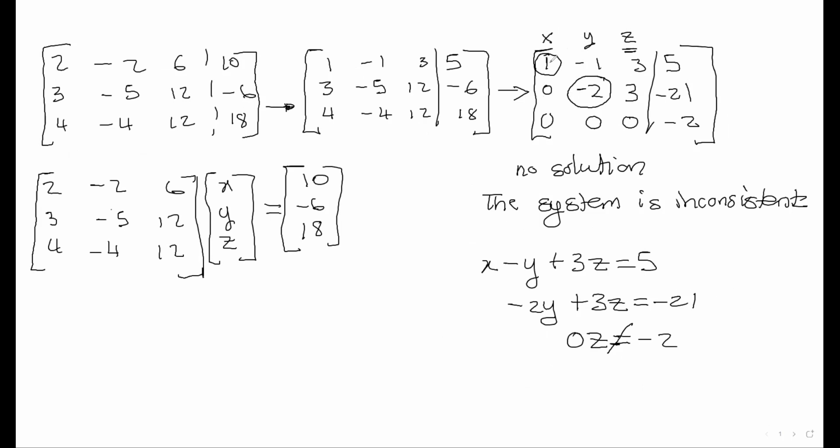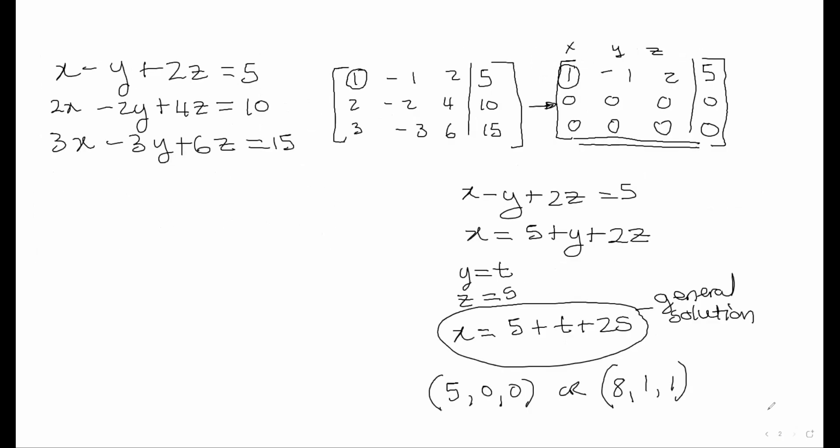That's what it means. When you have leading numbers, you can solve in terms of this. So that z is called a free variable, but here we only have, let me go forward. Here we only have 1, so we can only solve for x using the other two variables, which we call free variables.